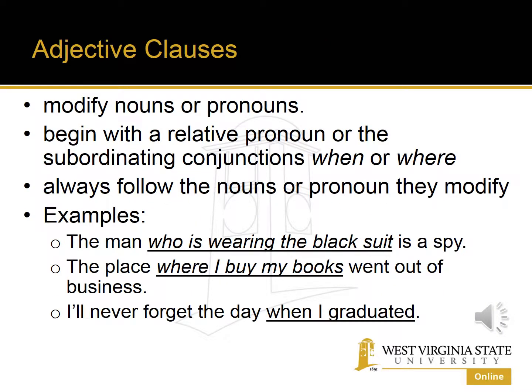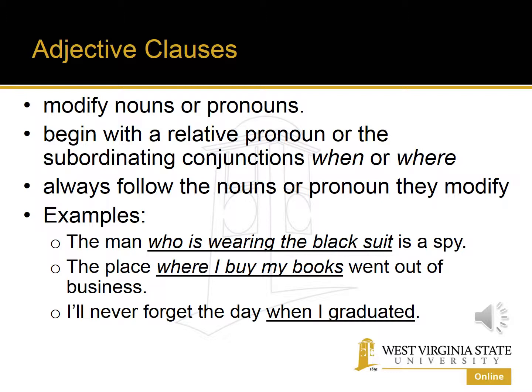Okay, let's look at how relative clauses and subordinate clauses can function as adjectives. They can modify a noun or a pronoun, and they begin with a relative pronoun or the subordinating conjunctions when or where.